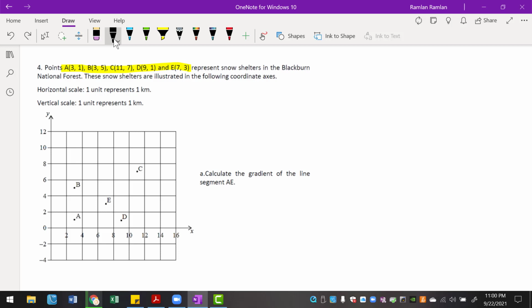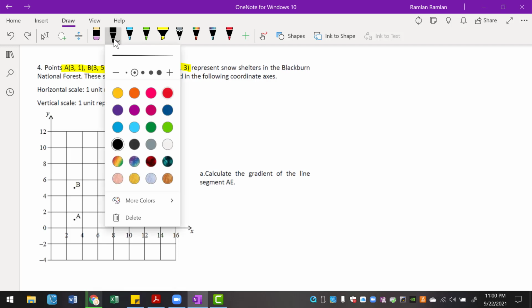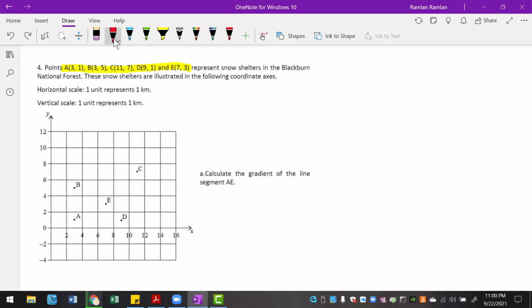Okay, so the question here is to calculate the gradient of the line segment AE. So what you need to do is draw a straight line from A to E, right? Like that. And it only asks about the gradient. Just remember, guys, that the gradient is rise over run, right? Because it wants you to calculate only AE, you only need these 2 points, the A and the E. Remember that the rise is the change of y, so for the numerator you're focusing on the y values, this guy and this guy.